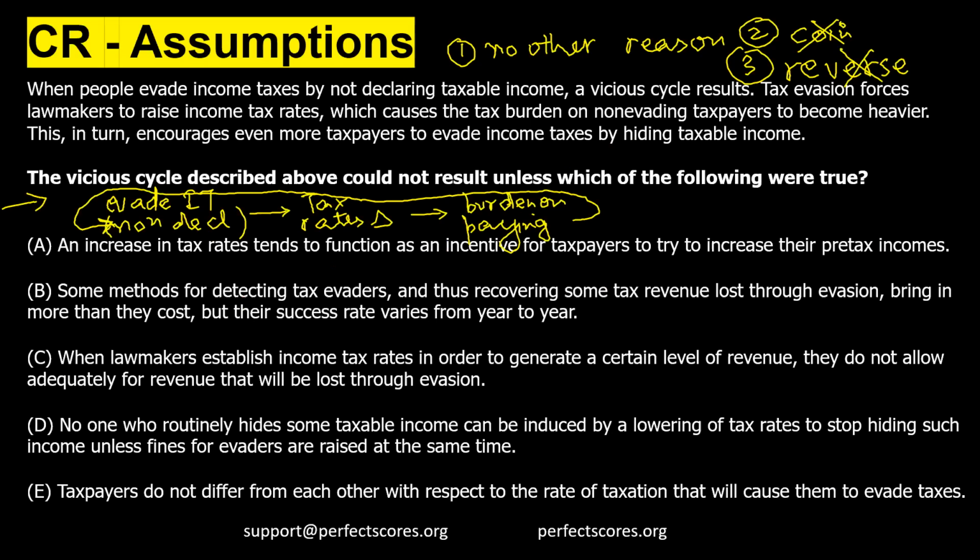So let's look at option A, an increase in tax rates. So we're talking about this second level over here, functions as an incentive for taxpayers to try to increase their pre-tax incomes. Now, do you think this option is matching these assumptions?